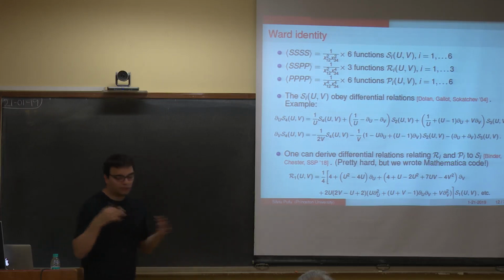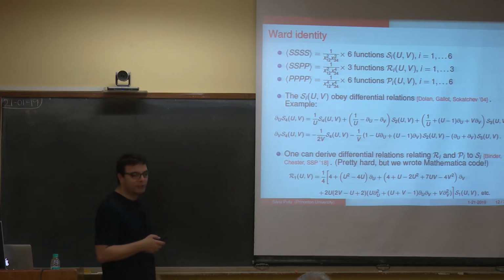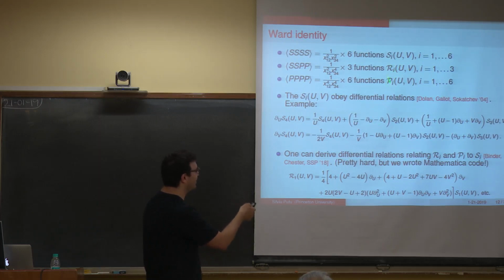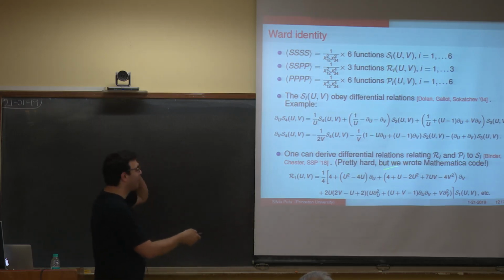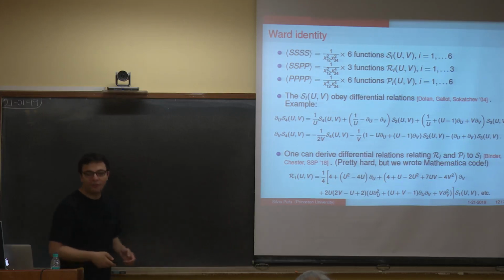Figuring out what the supersymmetry Ward identities are was, in my experience, a very hard exercise, but we have some good Mathematica code that does it. So, for instance, one of the functions in here is related to the functions in there by some differential operator. So we have all these relations.